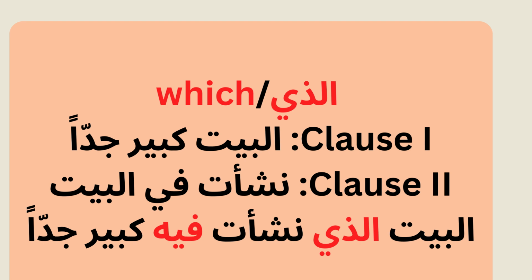We used الذي to replace the object of preposition في, which is البيت. We also kept the preposition في, linking it to the pronoun. البيت الذي نشأت فيه كبير جدا.